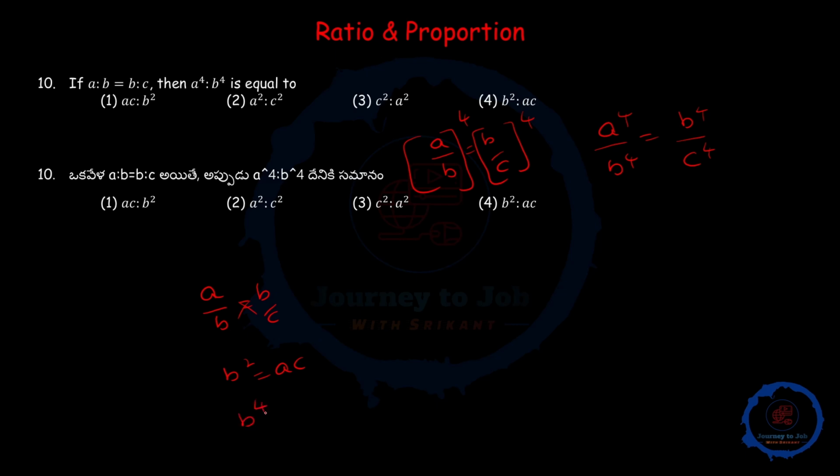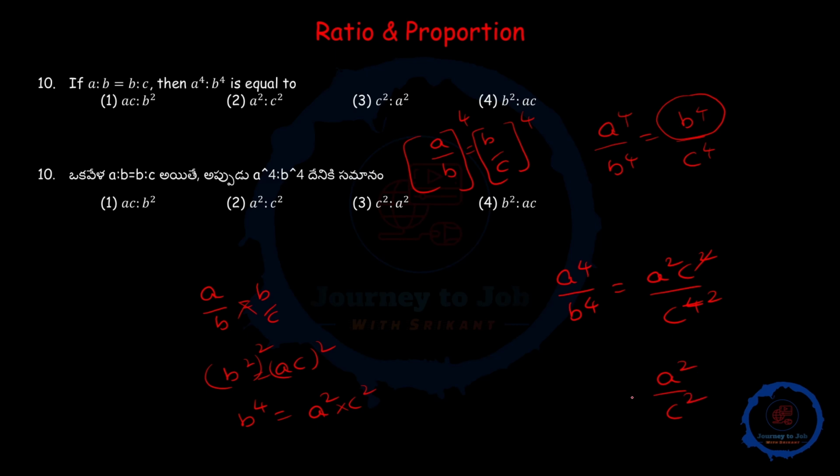So squaring both sides, b to the power 4 is equal to a² into c². So substitute here, in the place of b to the power 4, what happens? a to the power 4 by b to the power 4 is equal to a² c² by c to the power 4. Now here 2, here 2 will get cancelled. So a square by c square.